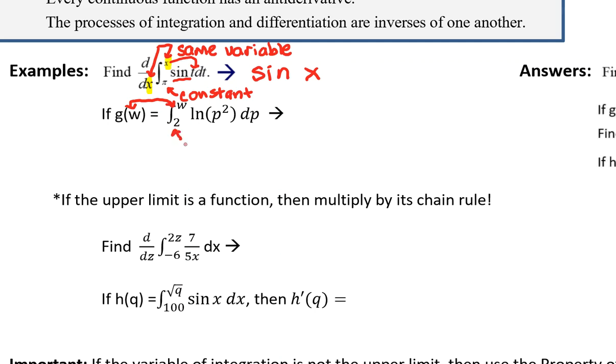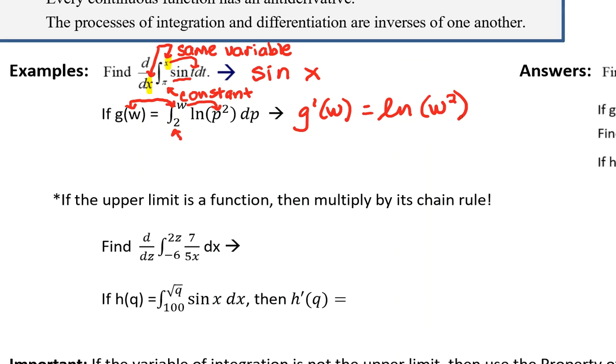So our fundamental theorem tells us that if we find g prime, if we do the derivative of this accumulator function, we'll undo the integral. And what we have to remember is that this variable will be replaced. So we'll get right back to the integrand, but our independent variable will now take the place of the p variable.